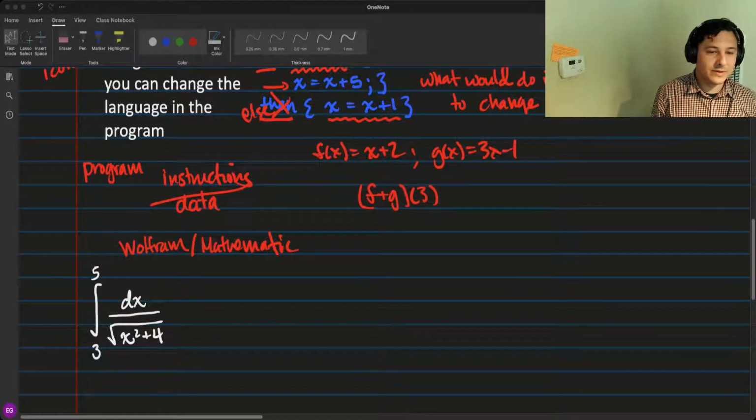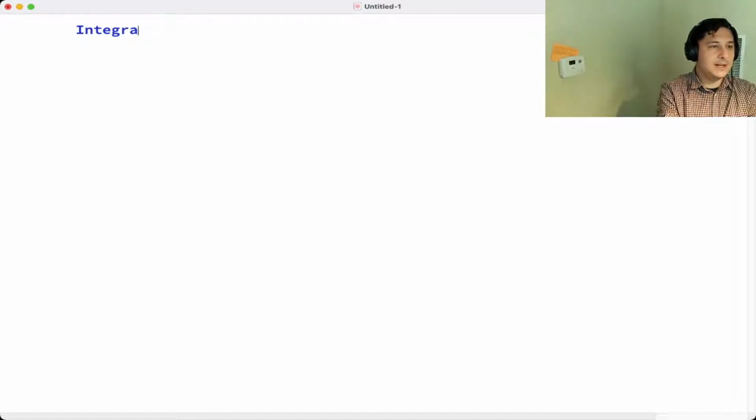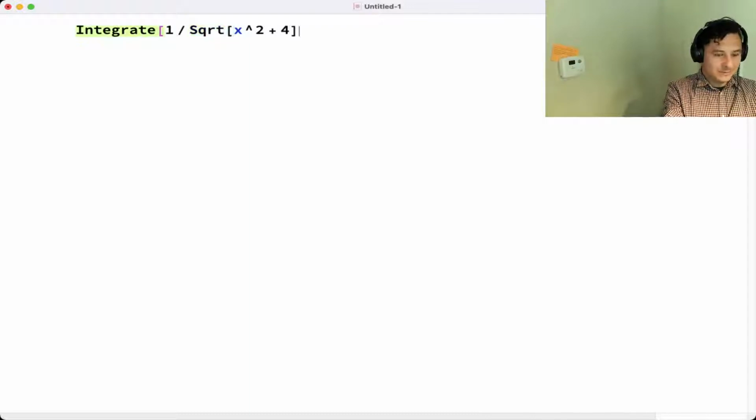So let's go over to Wolfram. Boom, here we are. There is a nice command called, surprise, surprise, integrate. And you can tell it, hey, I'd like you to integrate 1 over the square root of x squared plus 4, please, with respect to x because of the dx.